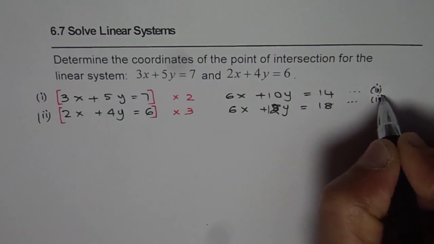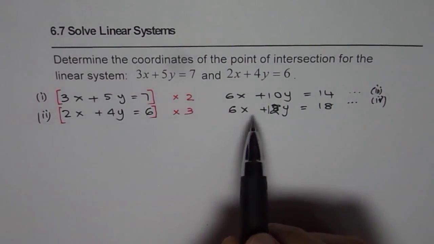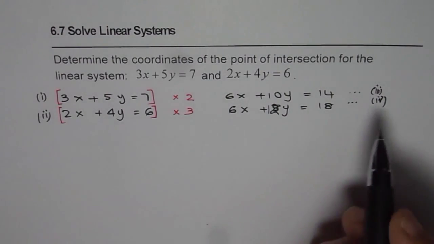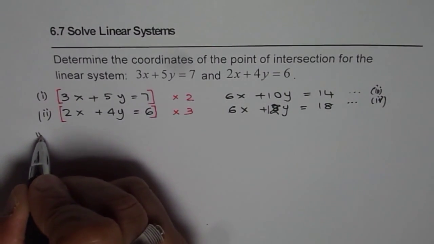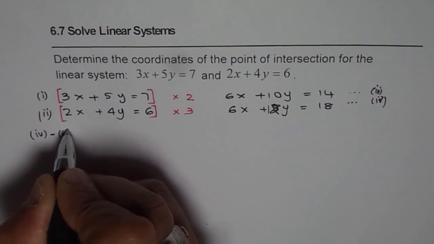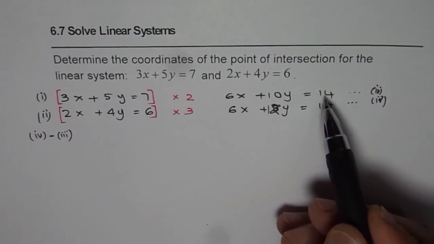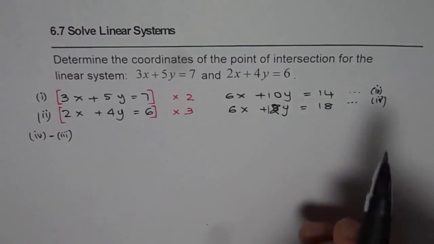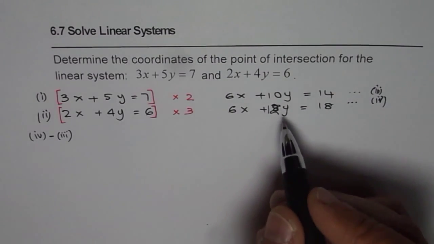Okay. Now, to eliminate, we should take away one of the equations from the other. So let us do equation 4 minus equation 3. If I take away the top equation from the bottom equation, the reason being these numbers are higher, so we'll get positive values. That's the whole idea.